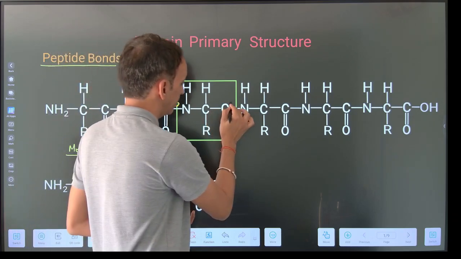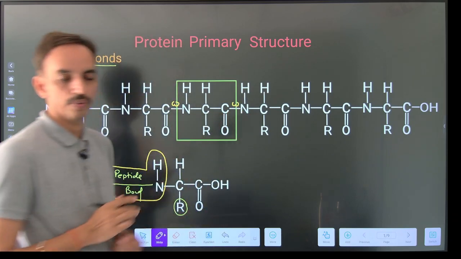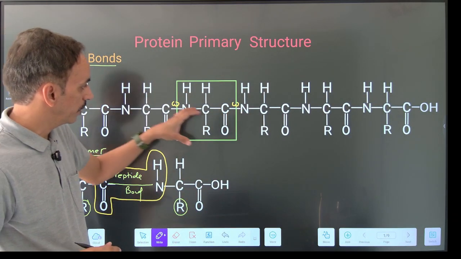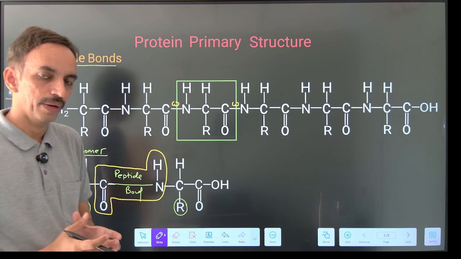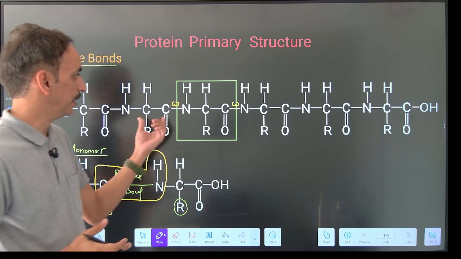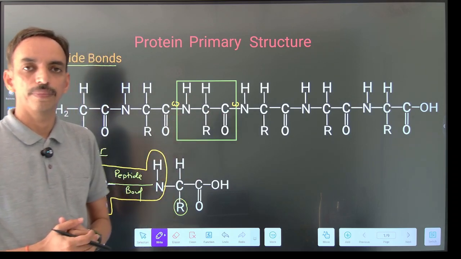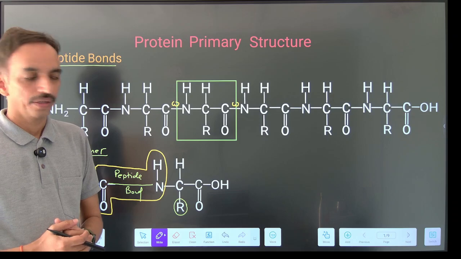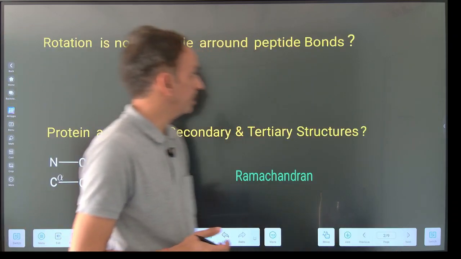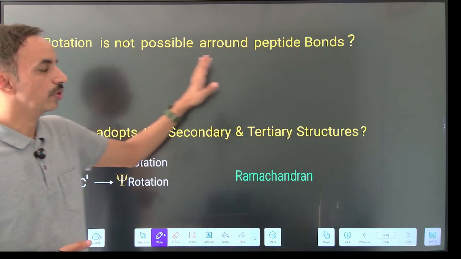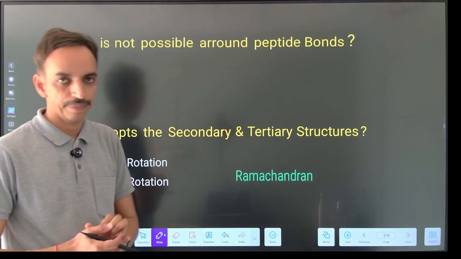Well, this is another peptide bond which is known as the omega bond. Now the rotation of the polypeptide is not possible around the peptide or the omega bond. We can state over here that the rotation is not possible around the peptide bond.